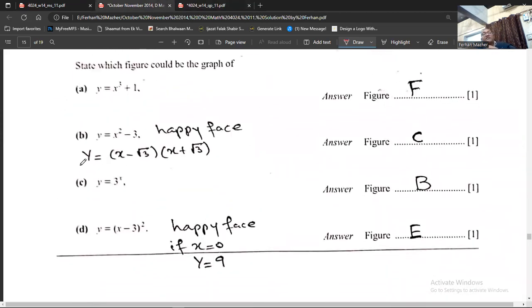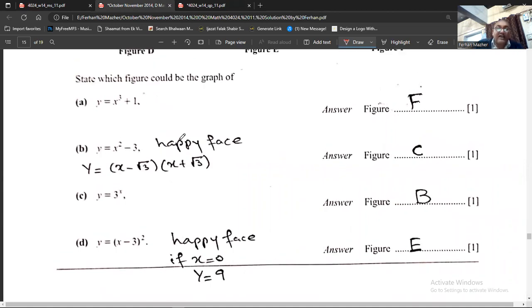Then it says y equals x squared minus 3. That's a happy face because the x squared coefficient is positive. This can be written as x minus square root 3 and x plus square root 3. So this is a graph which will be a happy face and it will cut here and here.